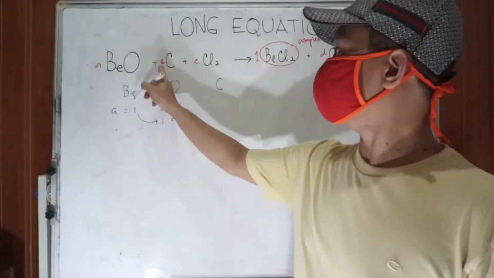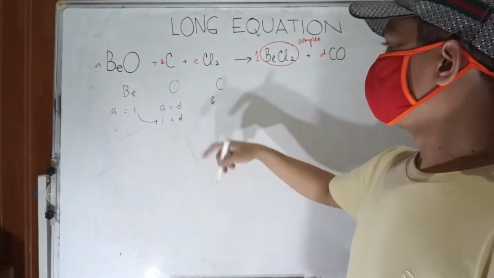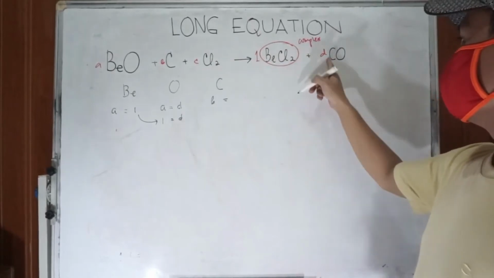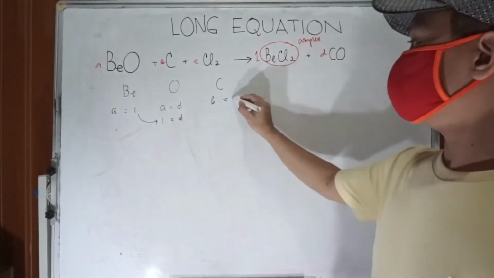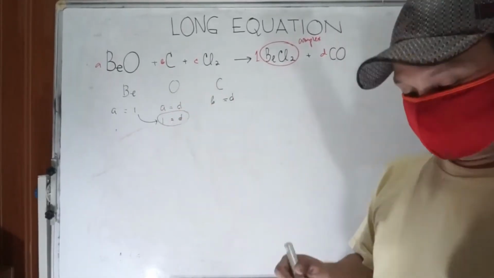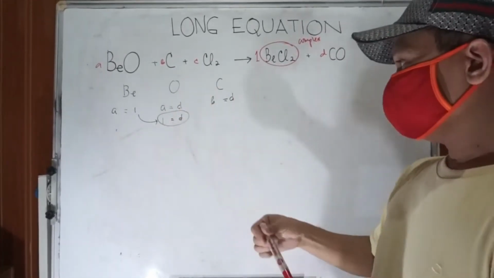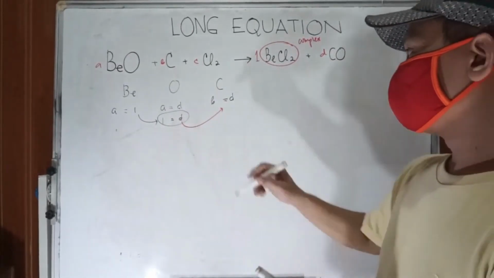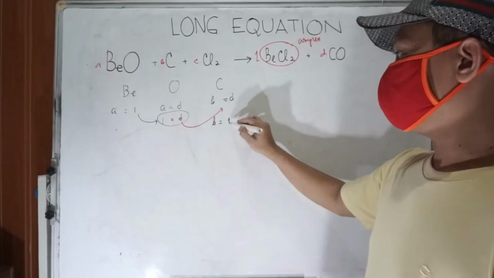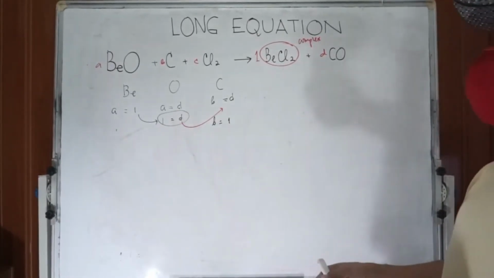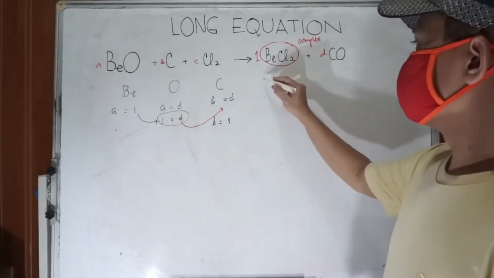On the left side, B times 1, B. Here there is no carbon. Here, D. But we got D equals 1, right? So you can insert here, and automatically you got B equals 1. Got it? Go. After carbon, Cl.